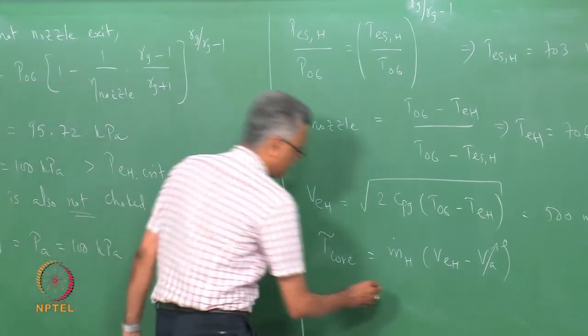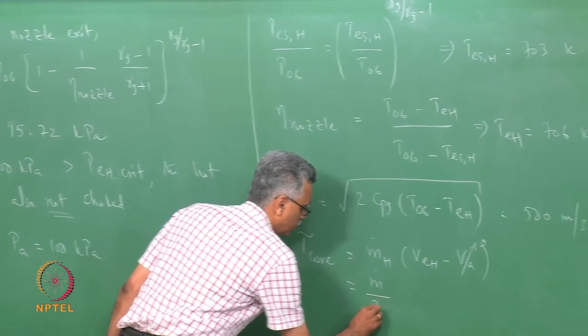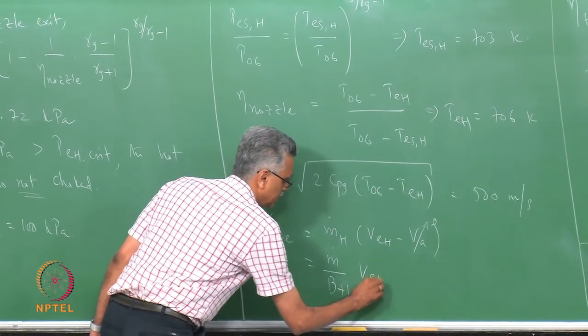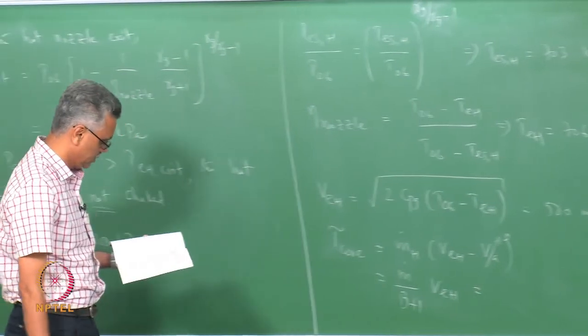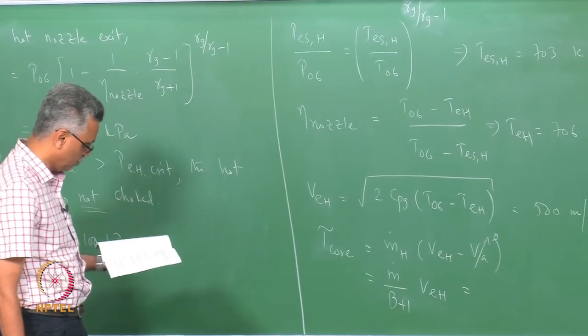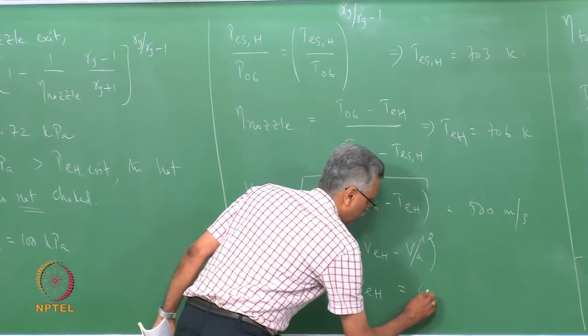And m dot h itself is m dot over (B plus 1) times VEH. If you substitute the numbers, we get the thrust produced by the core engine to be 63 kilonewtons.